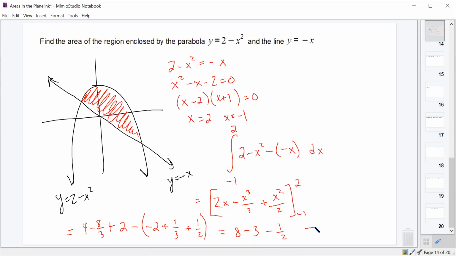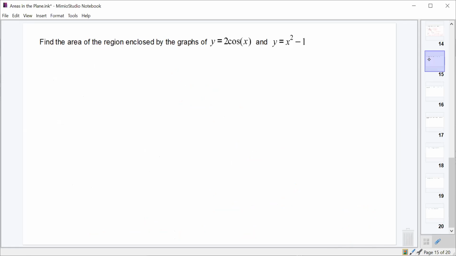So 5 minus 1/2 should be 9/2 units. Any questions there? Everybody good with that? Looks good. All right, let's do this one.